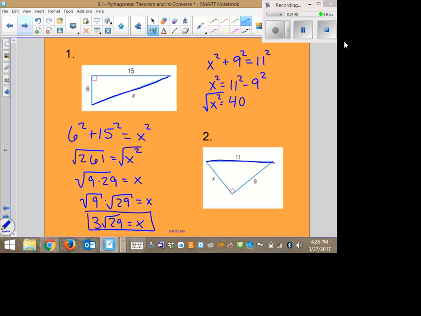Taking the square root of both sides, we can rewrite this as square root of 4 times the square root of 10. So we get X to be 2 square root of 10. So that's solving for a leg and a hypotenuse. In 1 we were solving for the hypotenuse, in 2 we were solving for the leg.